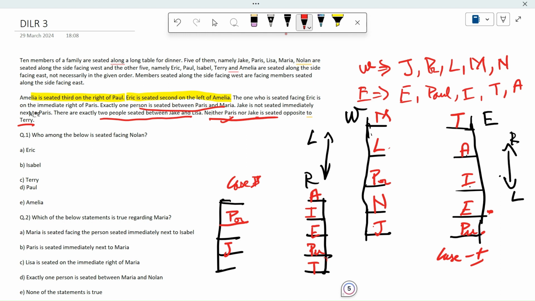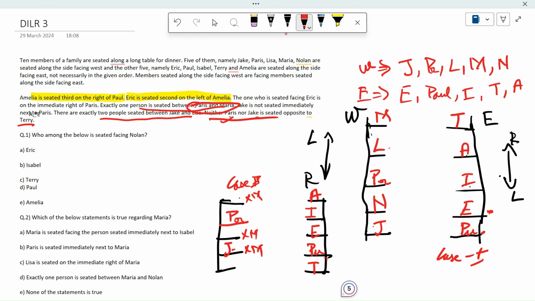In this case, Maria cannot be seated in this position, and it cannot take this position also. Are you understanding? Because the point is exactly one person is between Paris and Maria. So Maria cannot take this, because one person between means it comes to Jack, and Jack is already seated here.